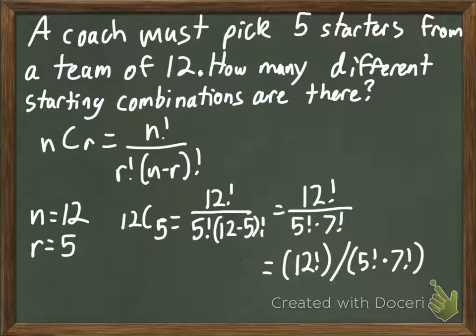When you put that in the calculator, you should get 792. So there's 792 starting combinations this coach has if the order does not matter. So go ahead and check, make sure you can put that in your calculator. And this is our lesson on permutations and combinations.